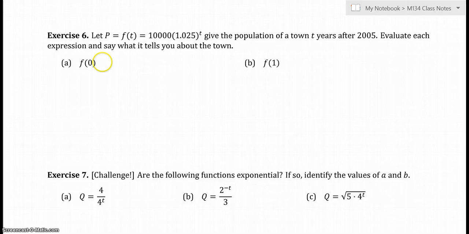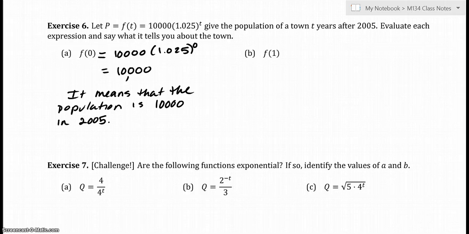Are you ready? What is f of 0? We've done this before. I'm just going to plug in a 0 there. And again, just like the table, anything to the 0 power is 1, so that is 10,000. And what does that mean? It means that the population is 10,000 at the beginning, which was, by the way, in the year 2005.